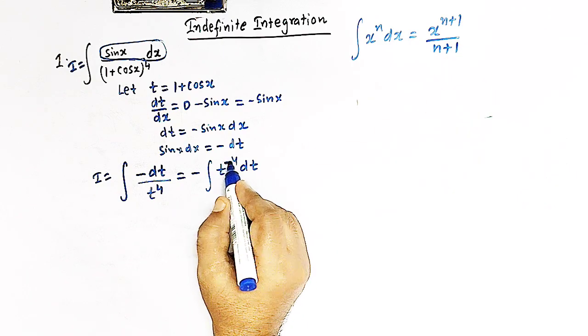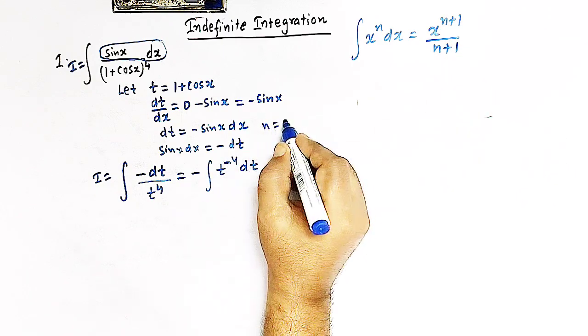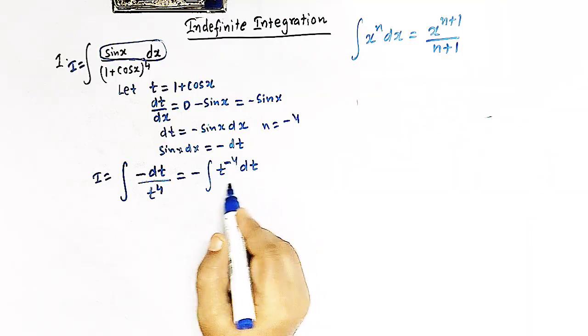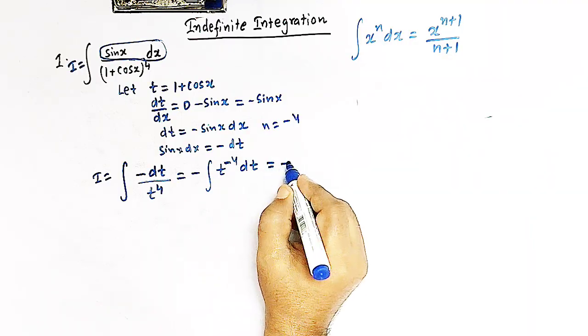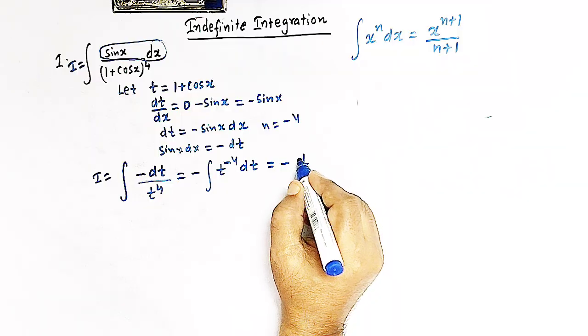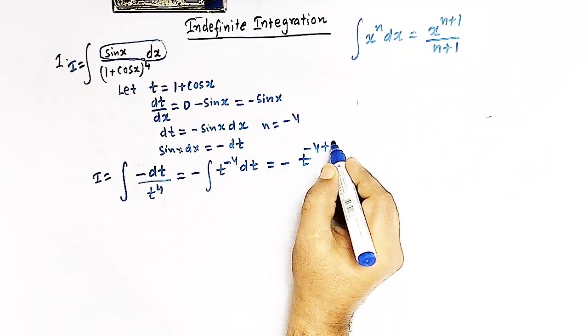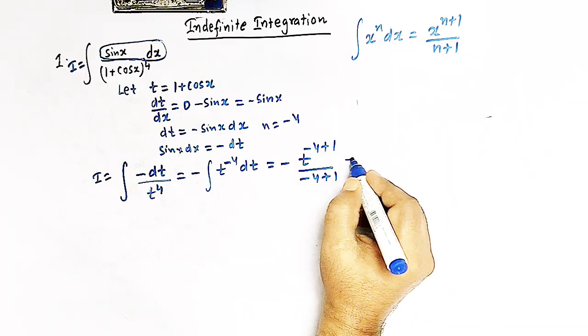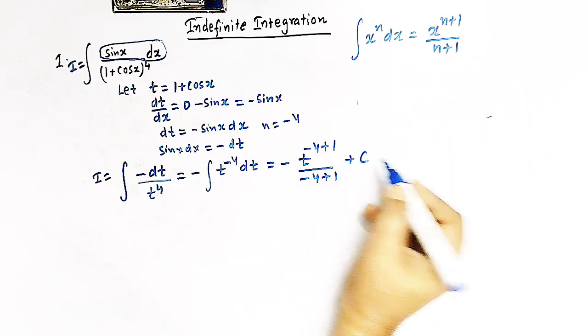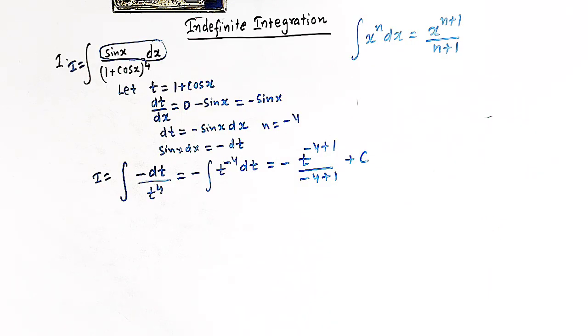So here the value of n is minus 4, and here the variable is t, right? So we have minus, and then we can now write t raised to minus 4 plus 1 over minus 4 plus 1, and here we add the constant of integration, that is c.